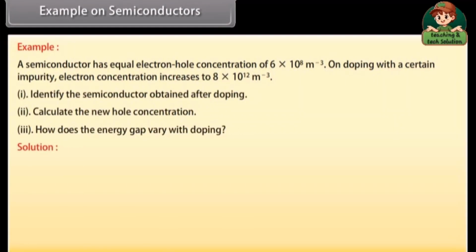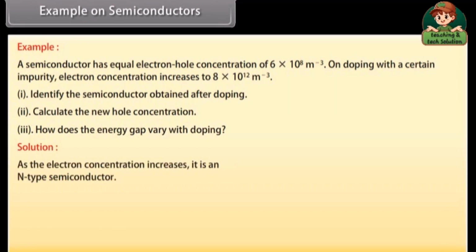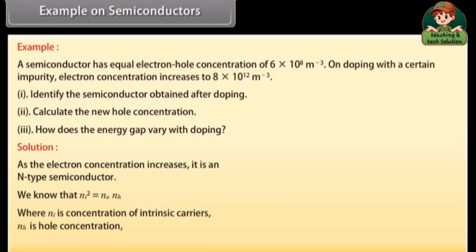Let's see the solution. As the electron concentration increases, it is an n-type semiconductor. We know that Ni square is equal to the product of Ne and Nh, where Ni is the concentration of intrinsic carriers, Nh is the hole concentration, and Ne is the electron concentration.